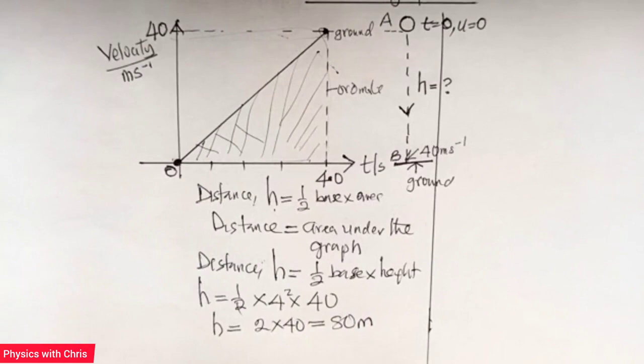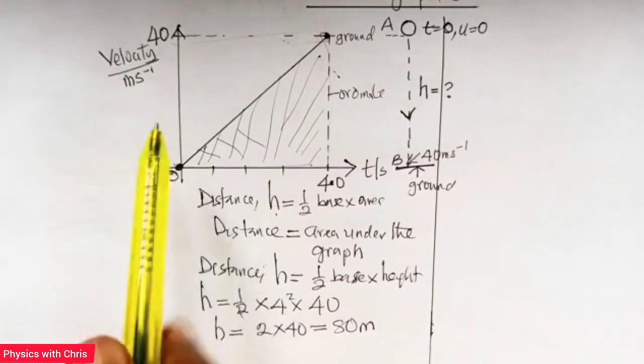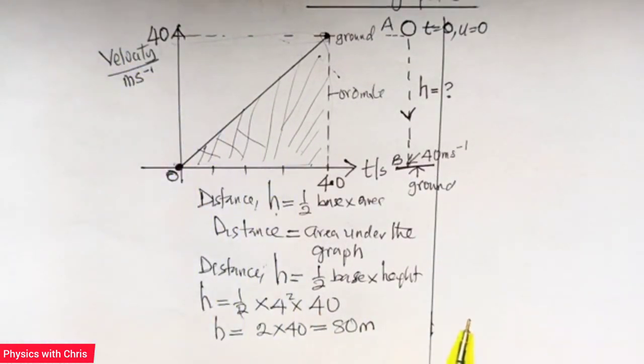Okay, so sometimes we're given something like this, the velocity time graph for the body, and you'll be able to determine the total distance fallen by the body from the velocity time graph.